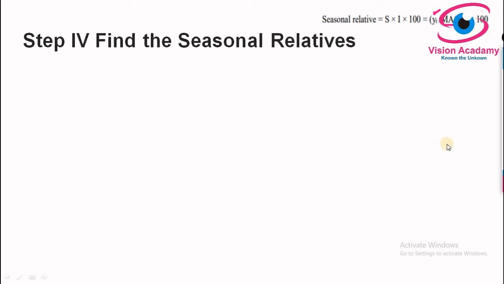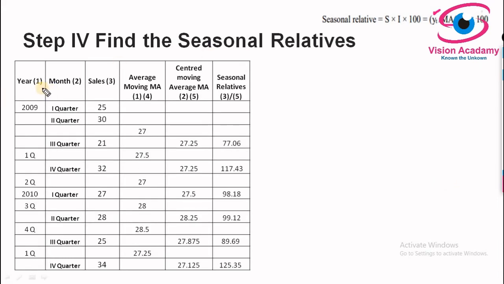So let us see how it is going to happen. Here I want to tell you about the columns. The first column is year. The second column is month or quarter, and the third column is sales, given in the problem. The fourth column is the moving average.